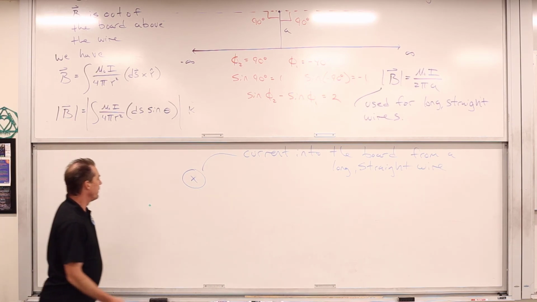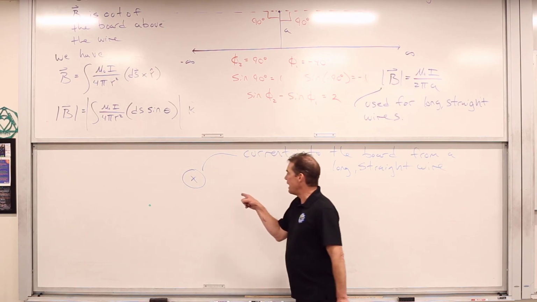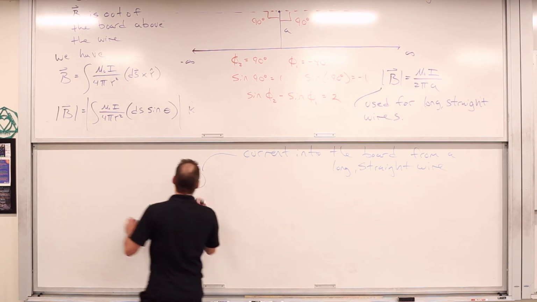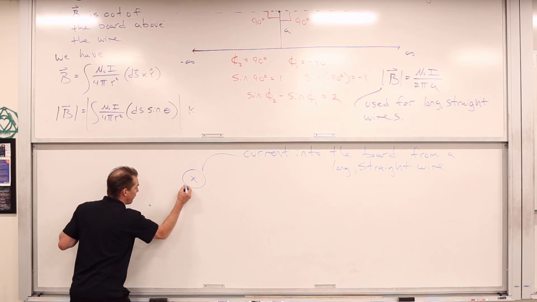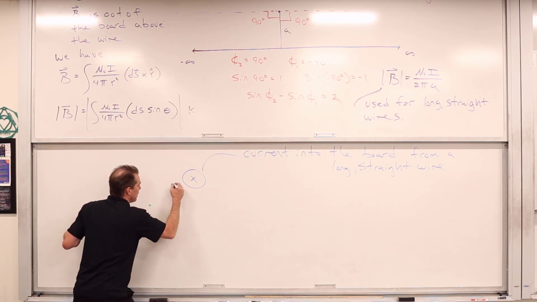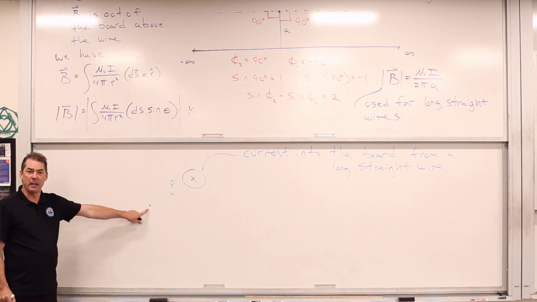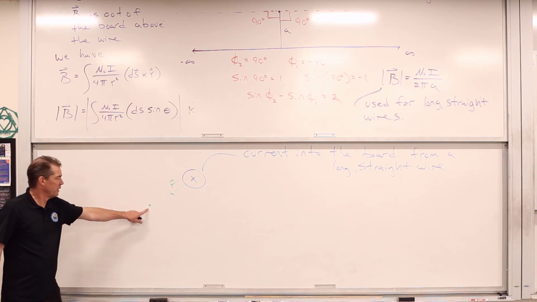Well, what do we have? We've got the current going into the board, and then the position unit vector points from the current element to the position in space in which we're trying to determine the magnetic field.